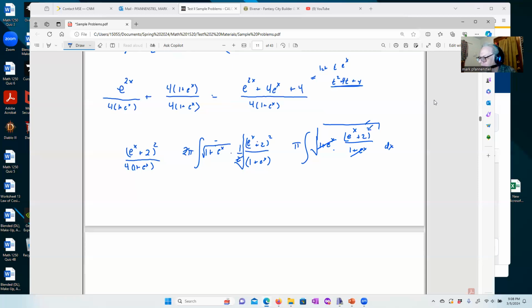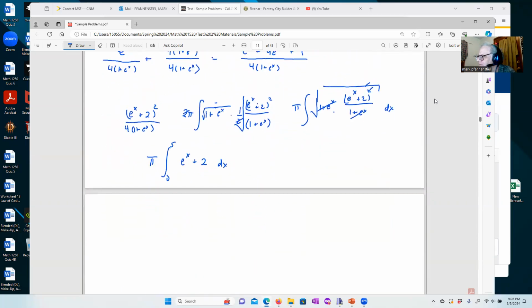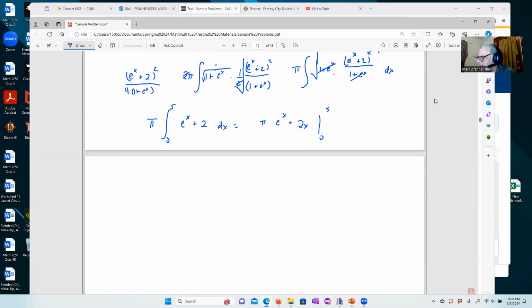So we're just going to end up with pi times the integral from 0 to 5 of e to the x plus 2 dx, and that's probably the kind of integral that you'd like to see in Calc 1. So we end up with pi times e to the x plus 2x as x goes from 0 to 5. Let's go ahead and plug that in.